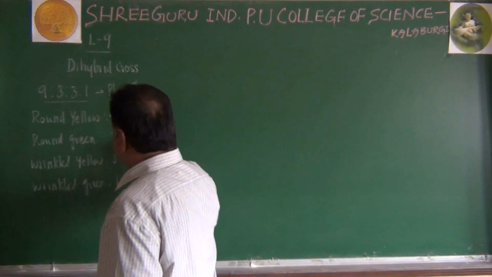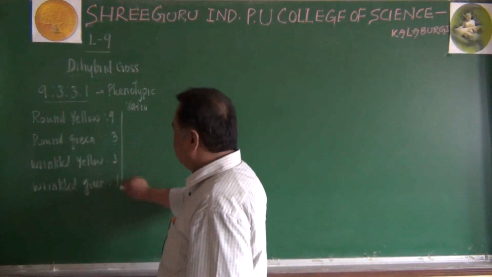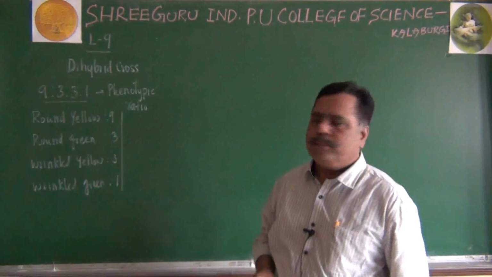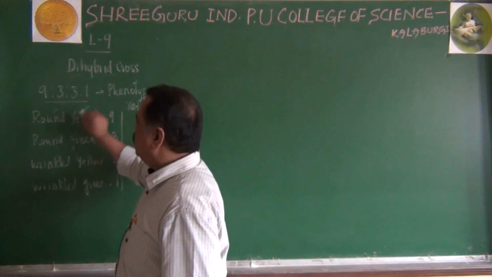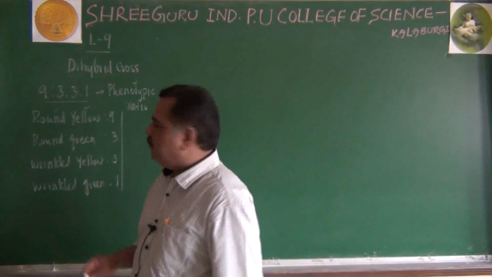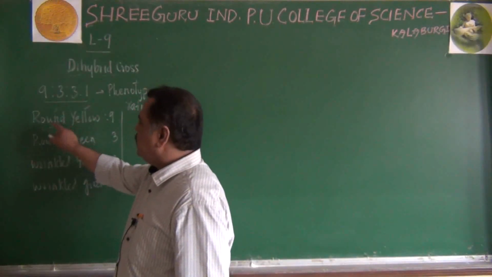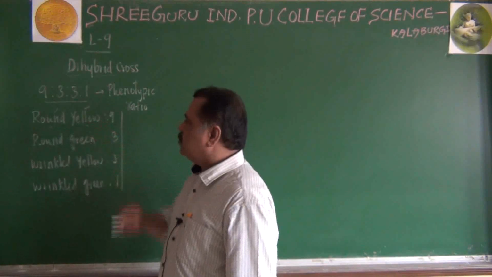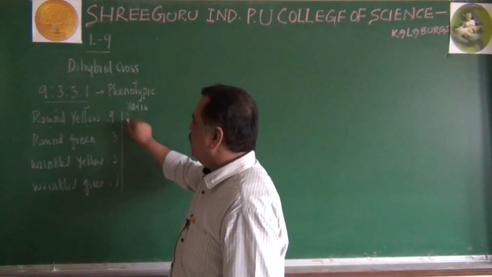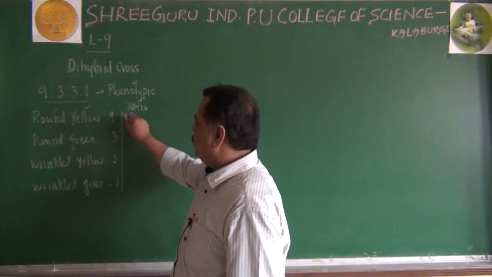So, in this 9:3:3:1 ratio, you can observe both round and yellow are dominant characters. Round is dominant with reference to shape. Yellow is dominant with reference to color. So we can call it a double dominant condition.